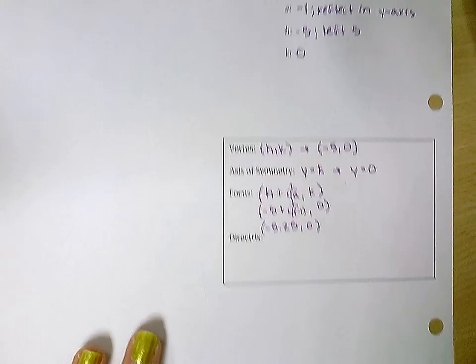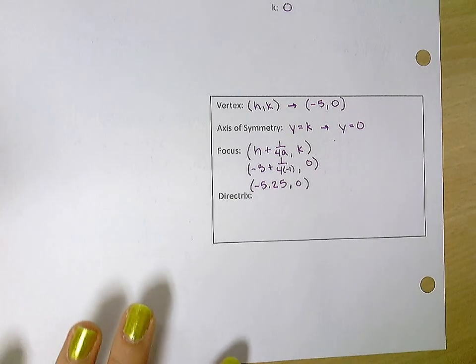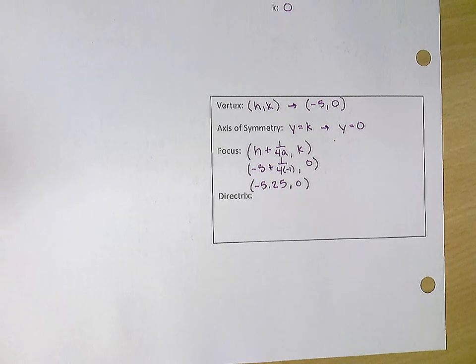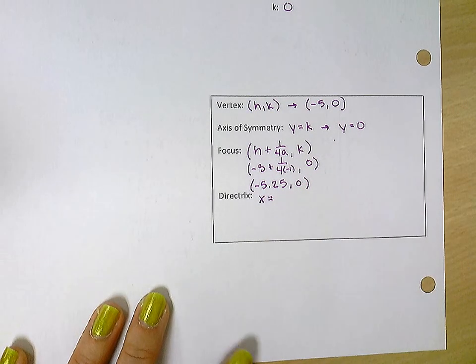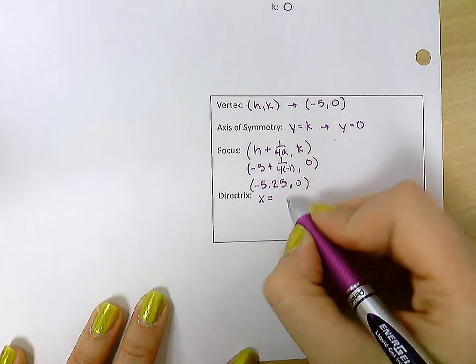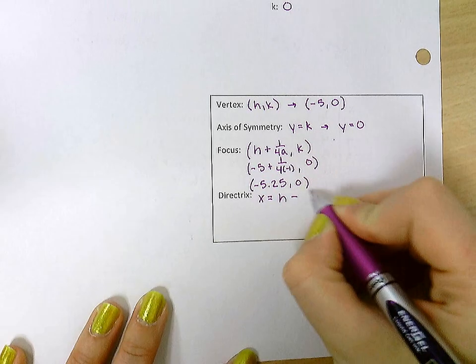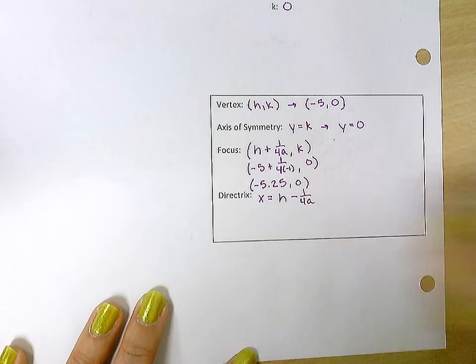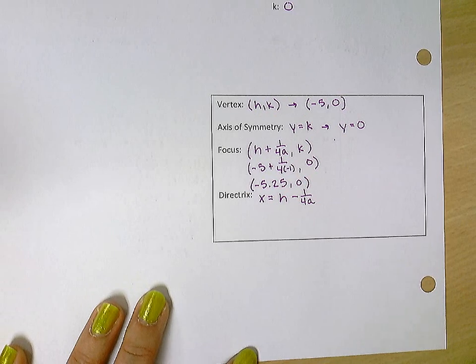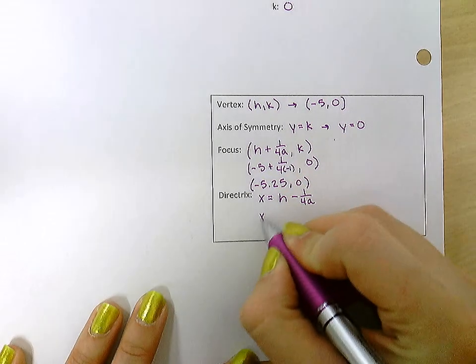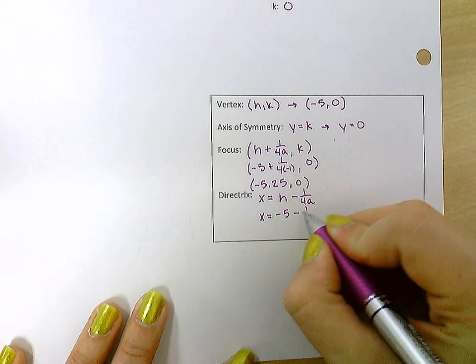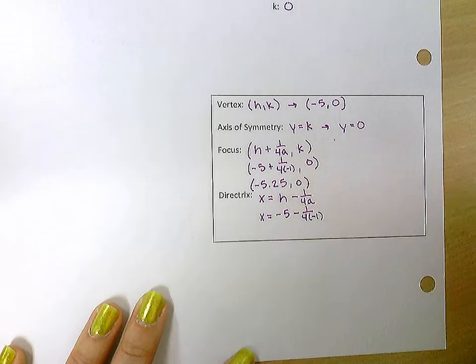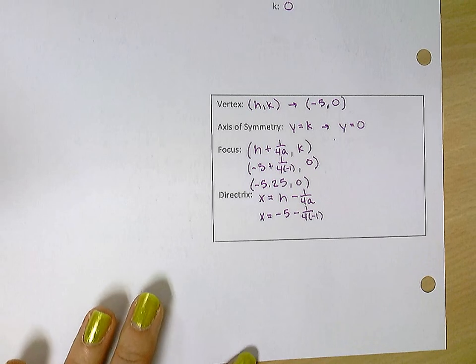I'm going to move this up a little bit so you can see it. The last characteristic here is the directrix. For an x equals equation, your directrix is x equals h minus 1 over 4a. So we have x equals, our h value is -5 minus 1 over 4 times -1.